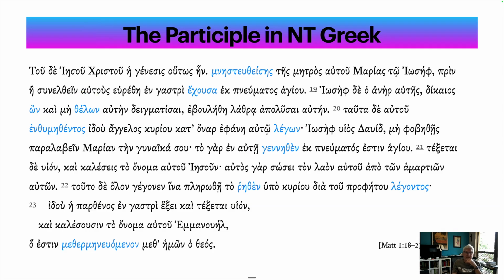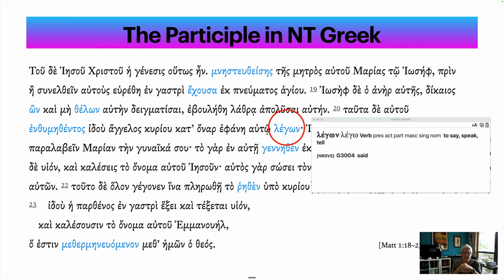Okay. Another example, legō, and I mentioned before, legō is the most common verb to occur as a participle, and we would translate that as saying. Said to him, saying, or appeared to him, saying. So again, we're getting the form that's in the text, legōn. We're getting the lexical form, legō.